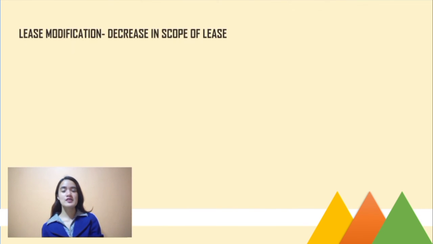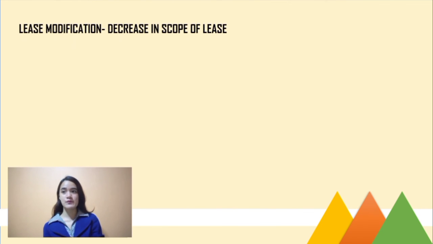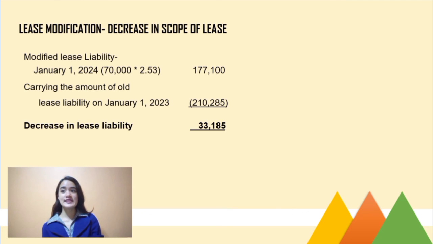Para kunin ulit yung increase or decrease kay lease liability, first ay modified lease liability on January 1, 2024, which is 70,000 multiplied by 2.53. Ito ay galing na din sa amendments na ginawa ng lessee and lessor. It will be 177,100 pesos. Deduct natin sa kanya yung current amount of all lease liability on January 1, 2023.